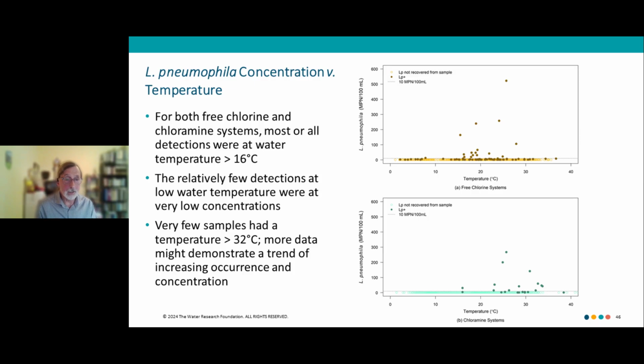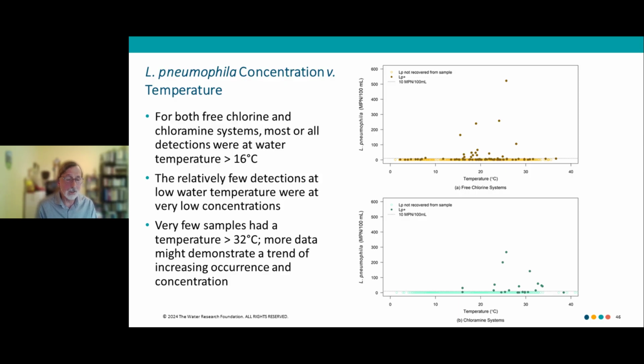And again, the light colored symbols show non-detects or below detection, and the darker symbols show detections. Contrary to what we expected, there were a number of detections down in the low temperature range, between 0 and 10 Celsius for one utility. So that was a bit of a surprise, but look at how low they are. They are very low numbers.